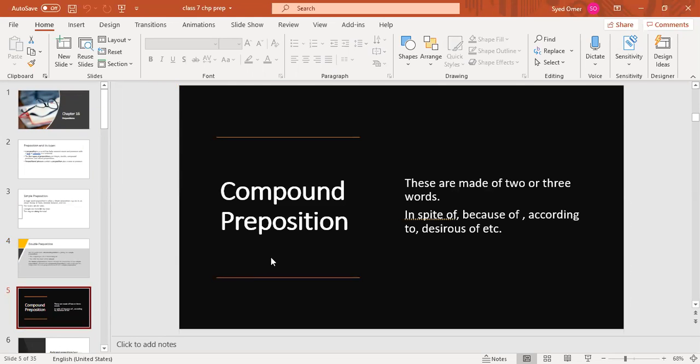Now, compound preposition. When we put together a preposition with a verb, with a noun, or with any part of speech, it is known as a compound preposition. For example, according to, thankful to, fond of, grateful to, in spite of, because of, desirous of. These are all compound prepositions. Believe in, believe at.